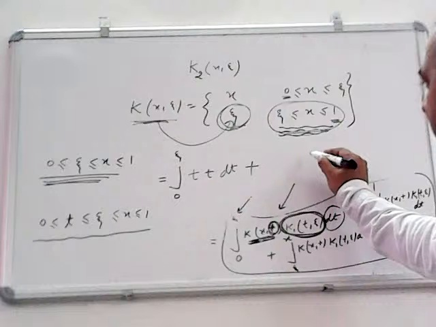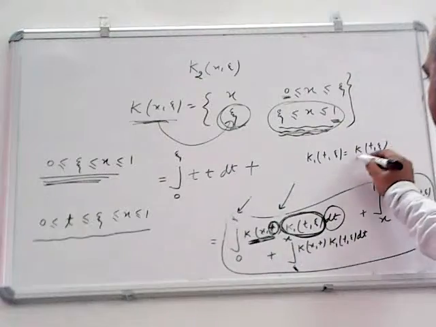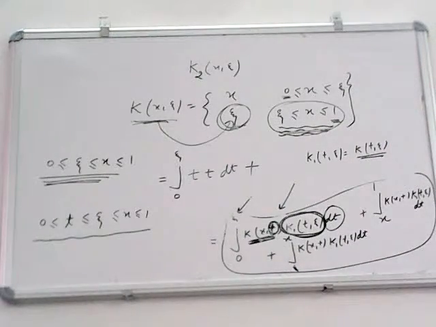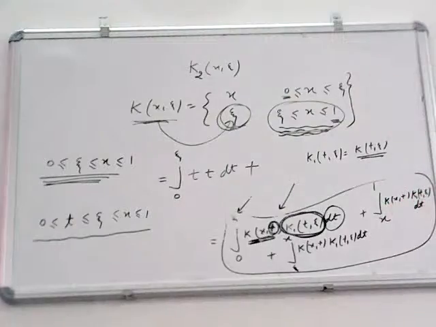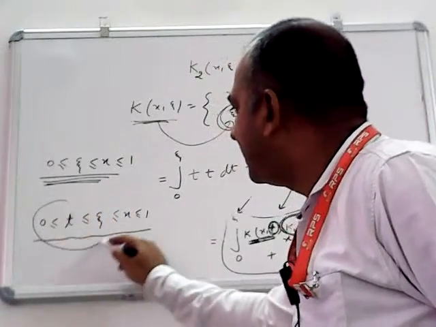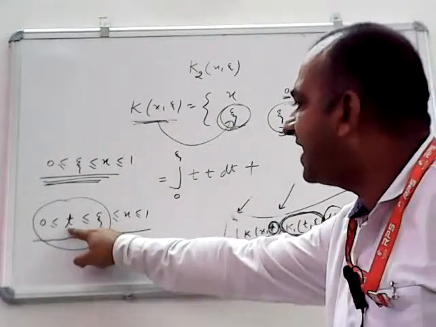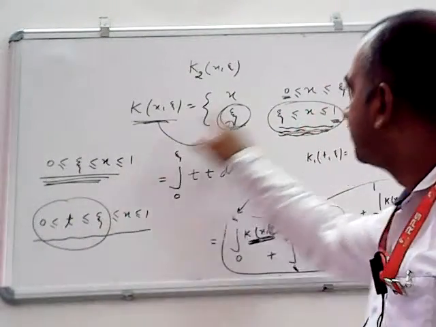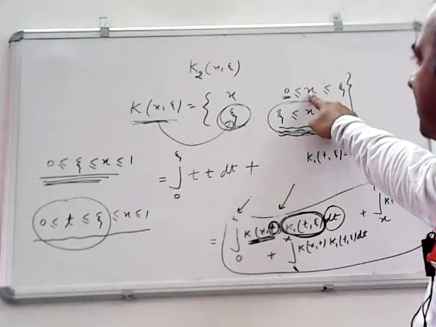We are already aware that k1 t comma xi is equal to k of t comma xi. So in this case, k of x comma xi, as t is less than or equal to xi, in place of x we have t.